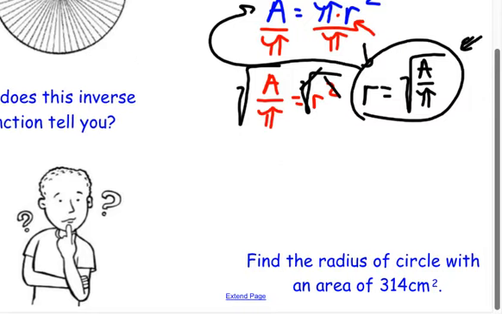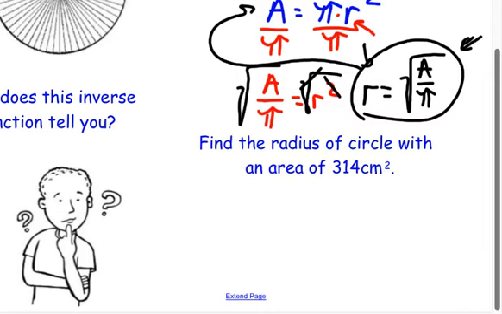It says, find the radius of a circle with an area of 314 centimeters squared. Well, that means r, because it's solved for r now and that's what we want to find, equals the square root of 314 divided by pi, which is 3.14.